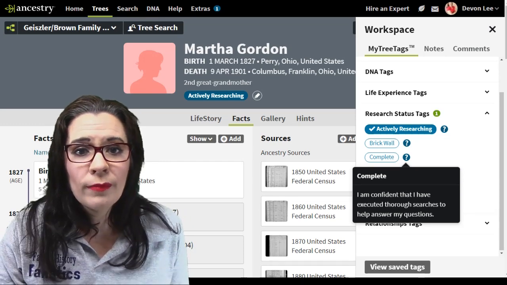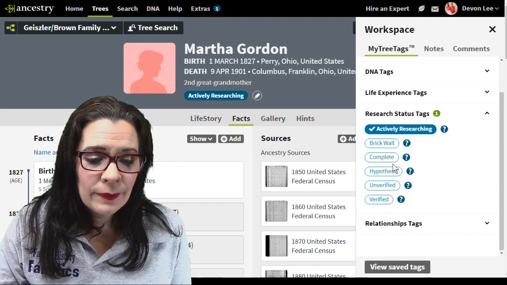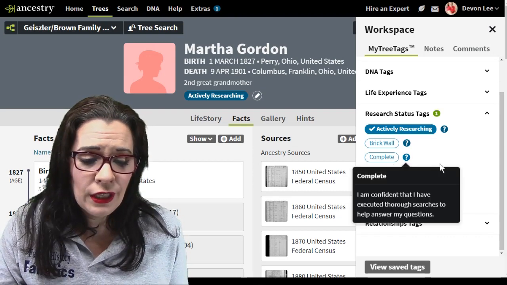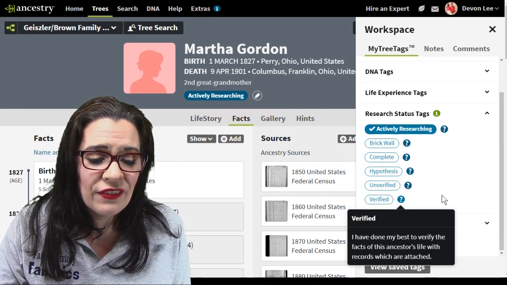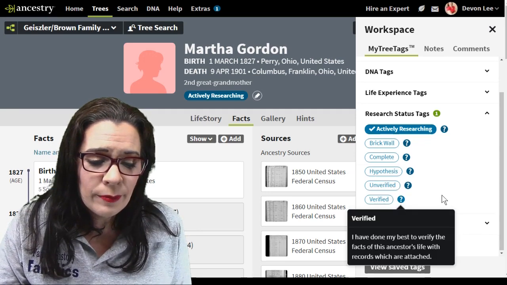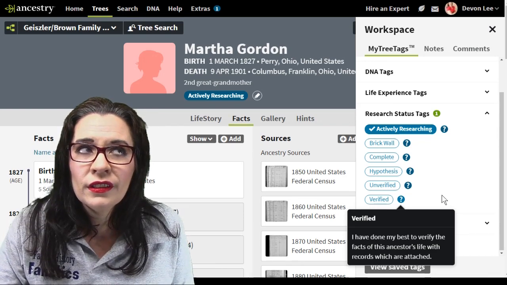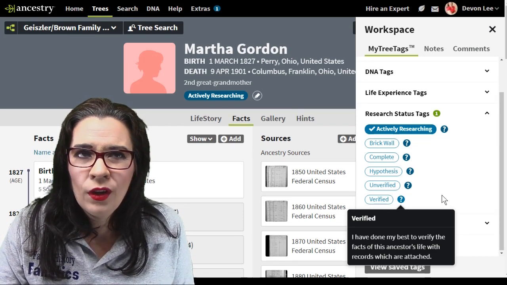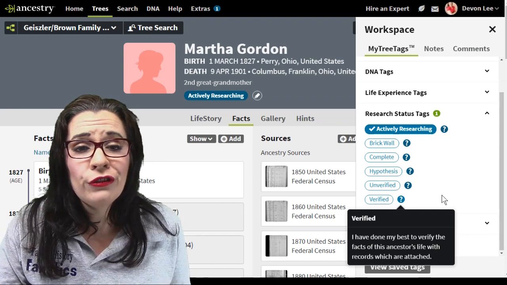Now, the other problem with complete is that you have verified. The complete definition, I'm confident that I've executed these searches, sounds a lot like the definition of verified: I've done my best to verify the facts of the ancestor's life. Doesn't that sound the same? So why do you need both? It creates more confusion.